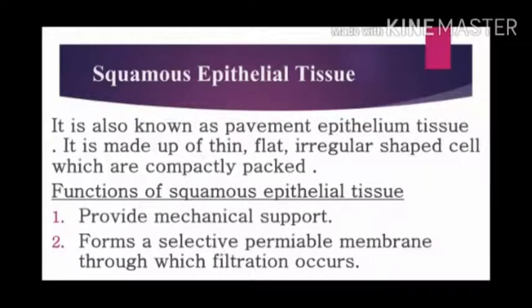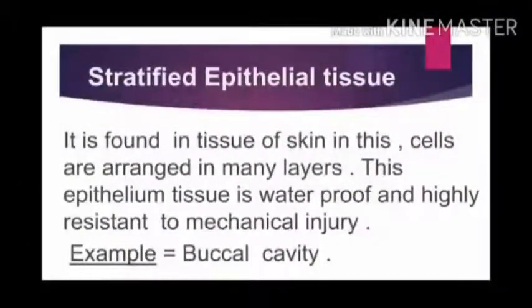It is made up of thin, flat, irregular shaped cells which are compactly packed. Their function: these provide mechanical support, and they can also form a selectively permeable membrane through which filtration occurs.